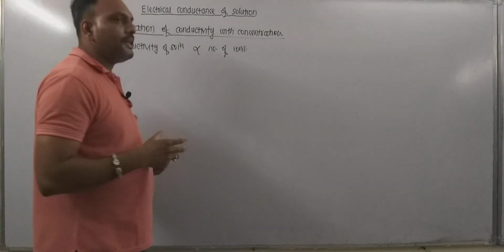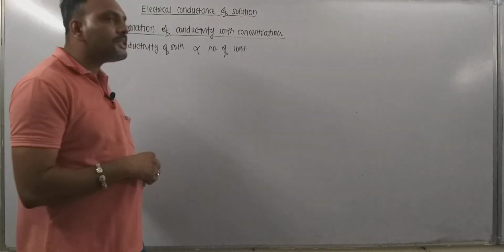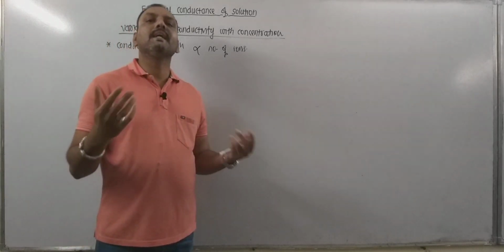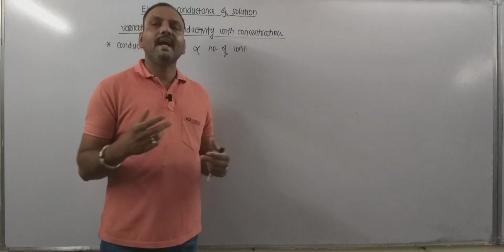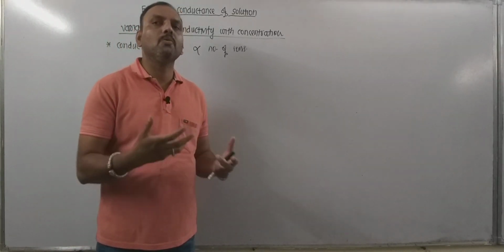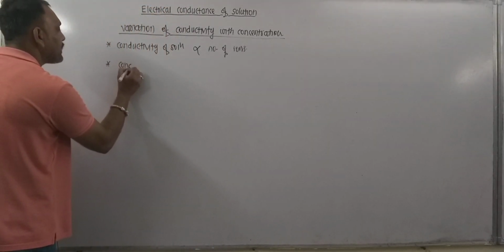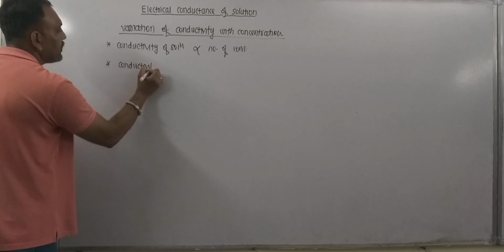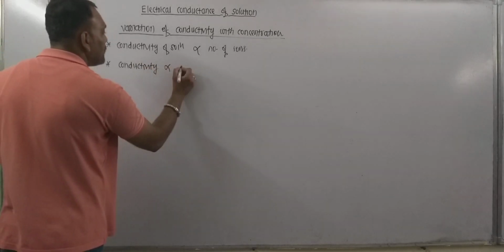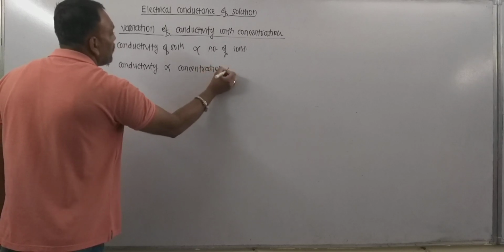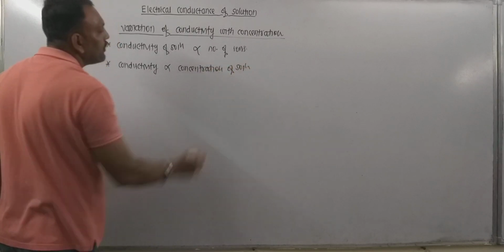So ultimately, if we increase the concentration of the solution, that leads to an increase in the number of ions, and hence conductivity goes on increasing. So one would say that conductivity is directly proportional to the concentration of the solution.